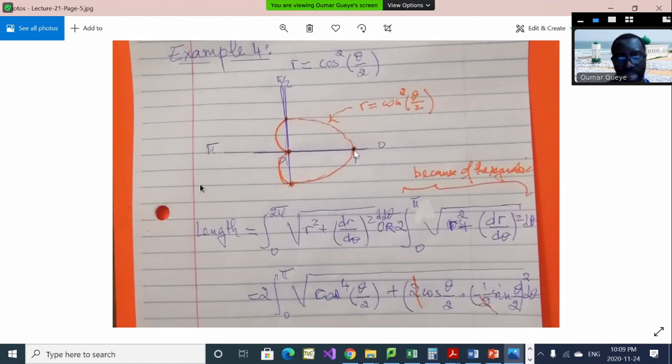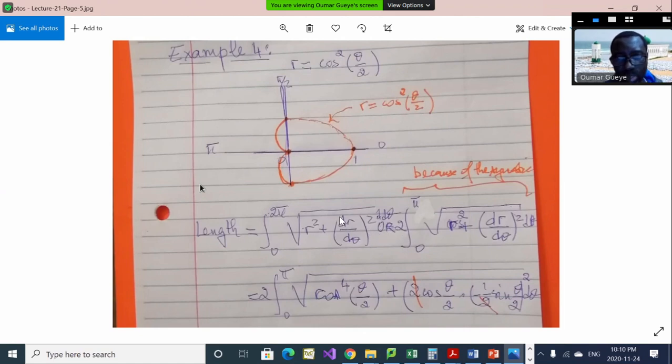And as you can see, as I told you before, since the question is to get the entire curve, we have to integrate from 0 to 2 pi. But from the picture, you can say, okay, I don't need to integrate from 0 to 2 pi. That's why I gave you two formulas.